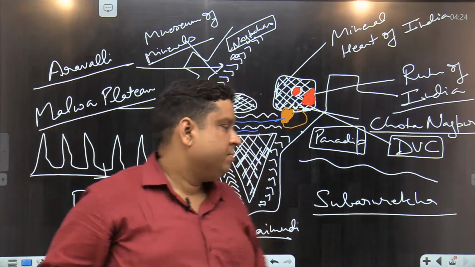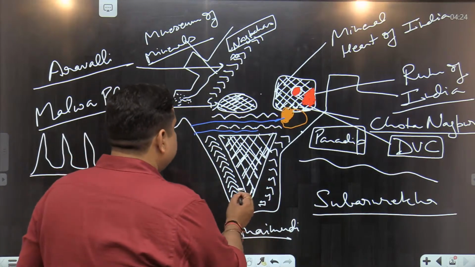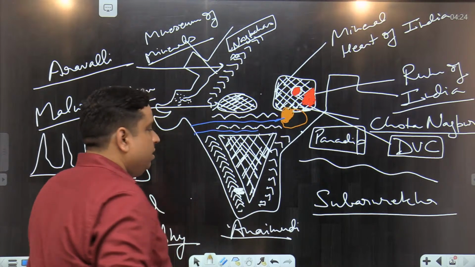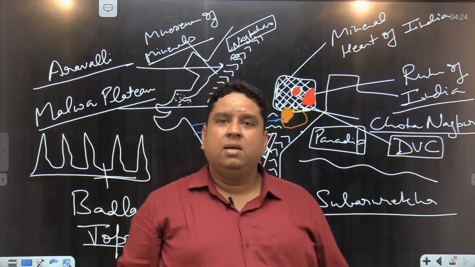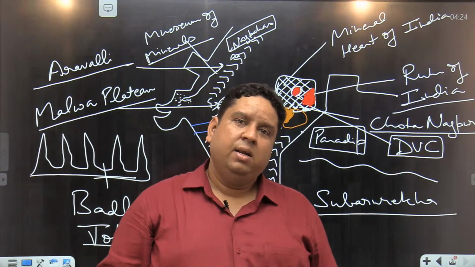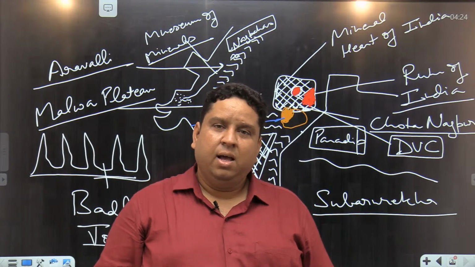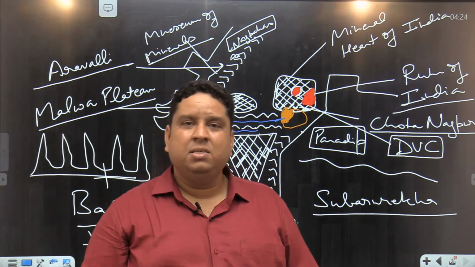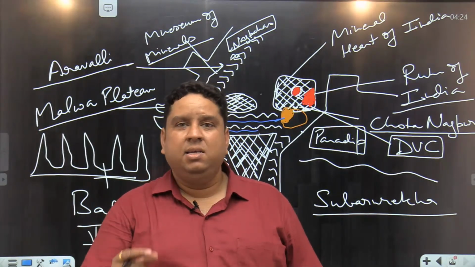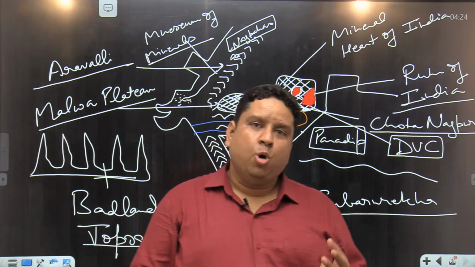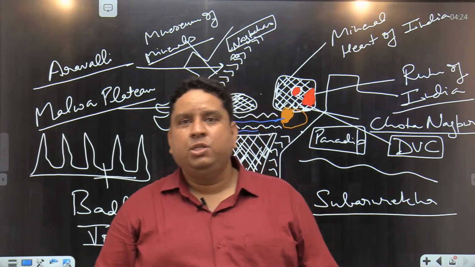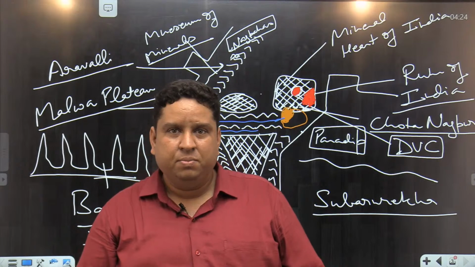Somewhere here we have the Nilgiri Hills. The Nilgiri Hills are the meeting point of Western Ghats and Eastern Ghats. How did they derive this name? Because these hills are dominated by a particular species of flower known as Neelakurinji.